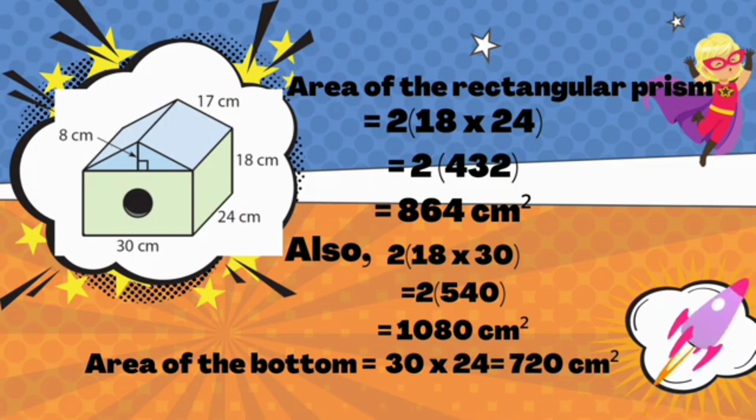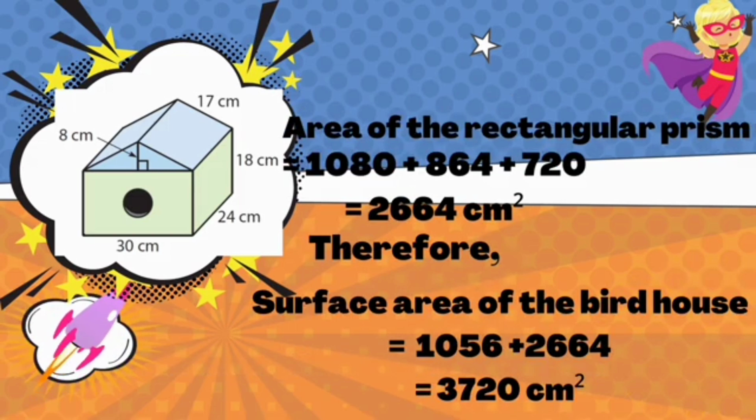The other 2 walls have dimensions 18 centimeters by 30 centimeters. That will give a combined area of 1080 centimeters squared. The area of the bottom is 30 centimeters times 24 centimeters, which is 720 centimeters squared. Adding these areas together, the area of the rectangular prism is 2664 centimeters squared.